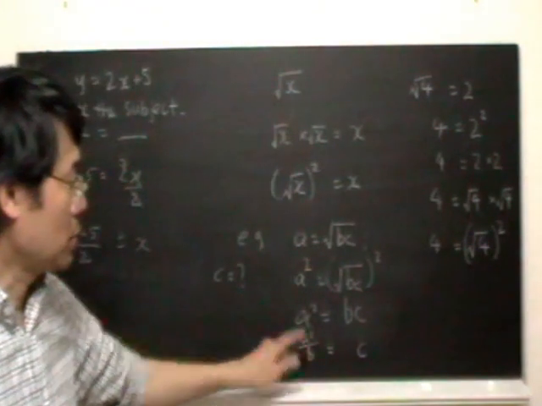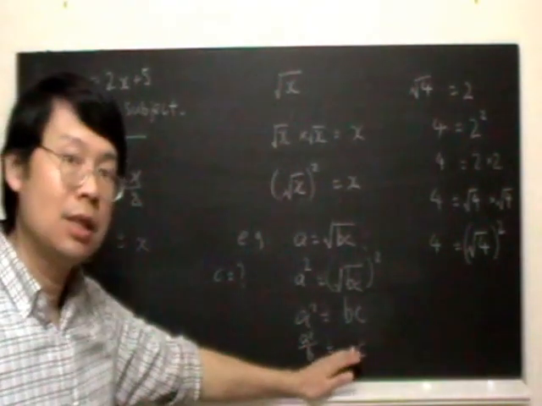C is equal to A squared over B. Now we have C as the subject.